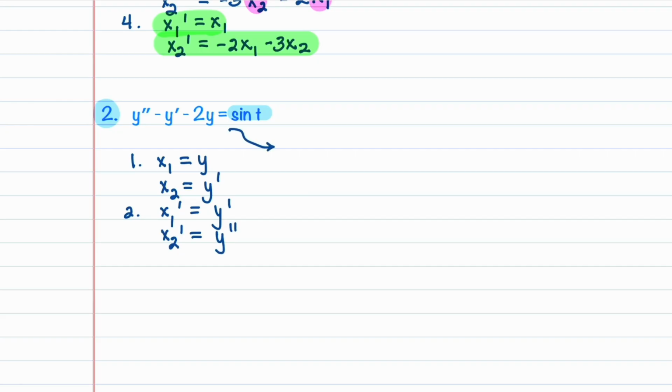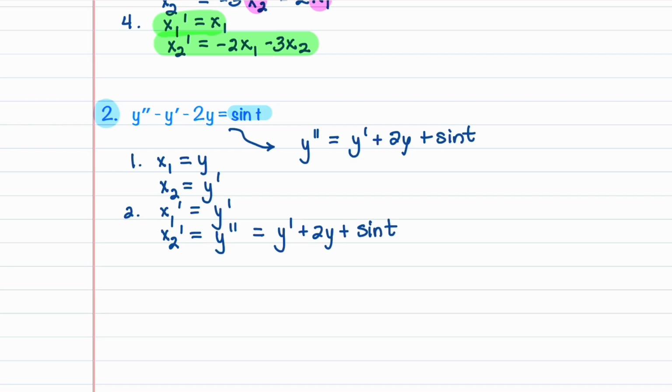Now up here, we are going to solve for y double prime. So y double prime is equal to y prime plus 2y plus sine t. And we're going to go ahead and plug that in down here in step 2. Y double prime is y prime plus 2y plus sine of t.